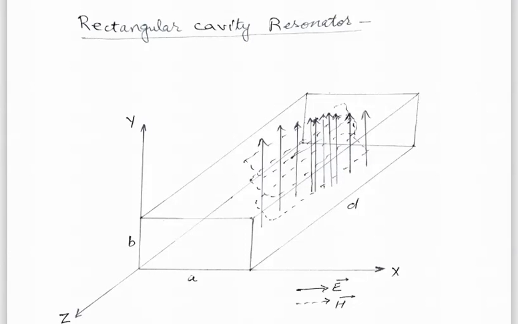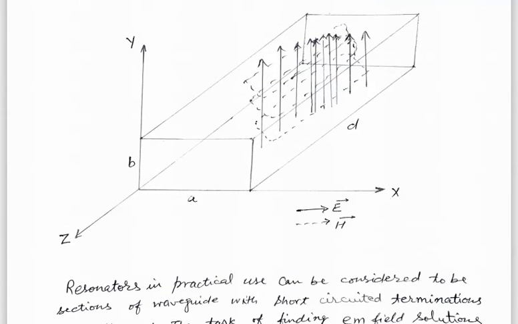In the following figure, the rectangular cavity resonator is shown with dimensions a, b and d along x, y and z directions respectively.